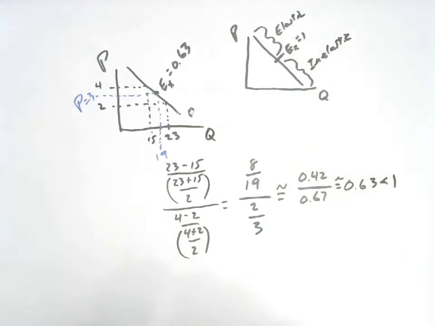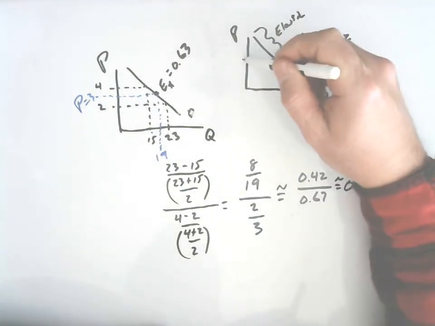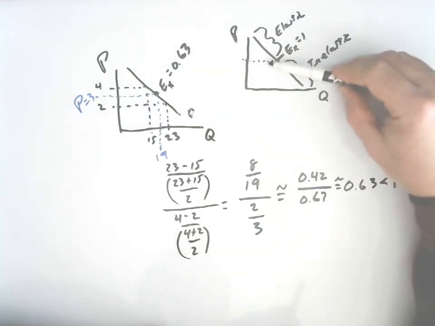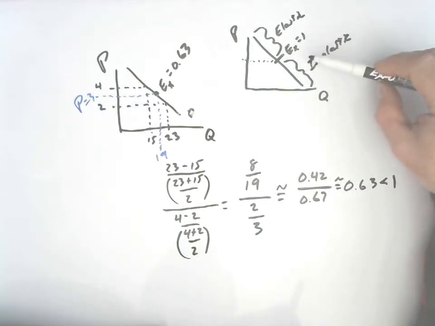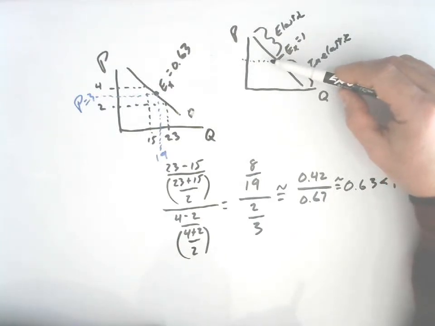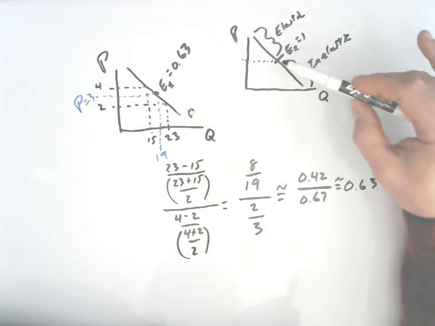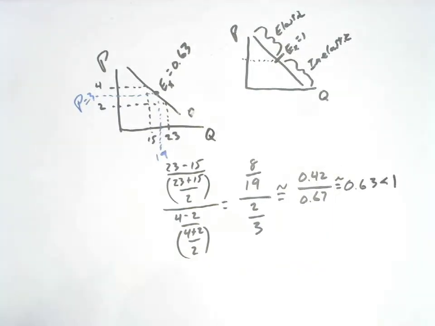Currently, the price of my product is below that point because I'm in the inelastic portion of my demand curve. So if I want to increase my revenue, I would want to raise the price of my product. Will I lose sales? Yes, due to the law of demand, but I'm going to cram more cash into the cash register. Okay, let's go over another example.